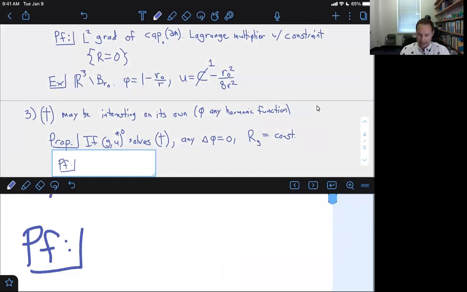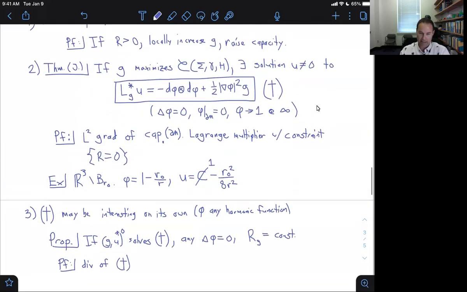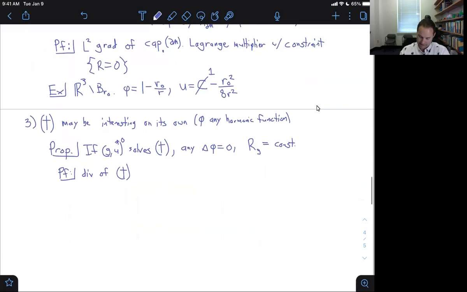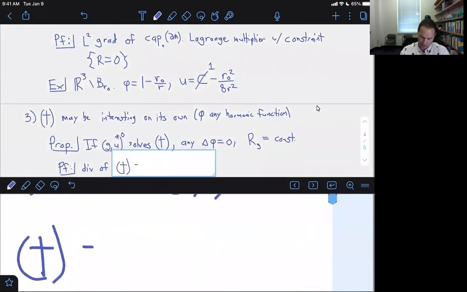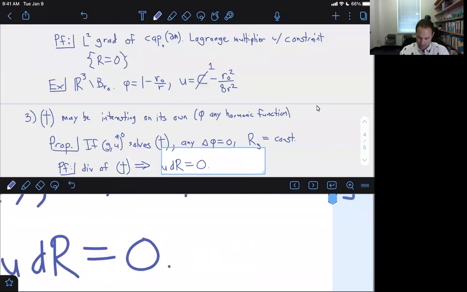What you do, similar to dealing with static metrics, is you take the divergence of that equation there. What that leads to is that U times the derivative of scalar curvature has to be 0.